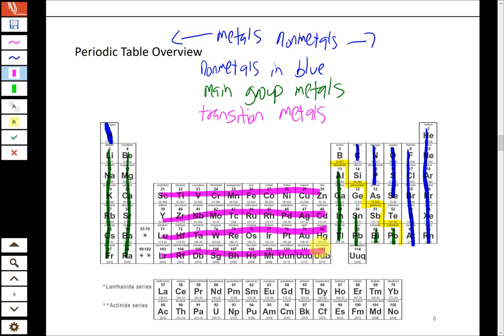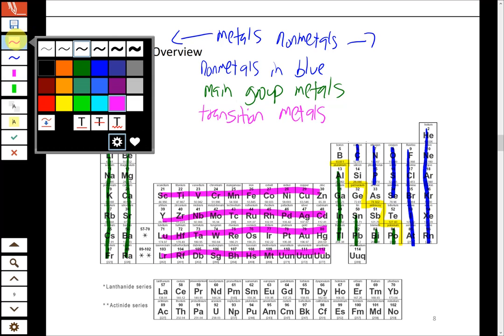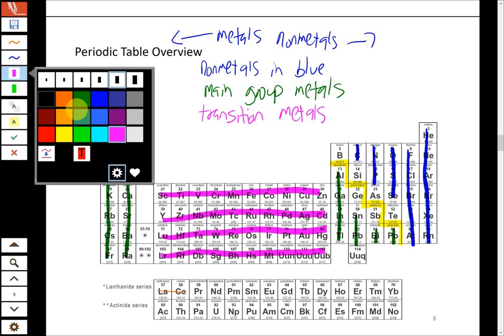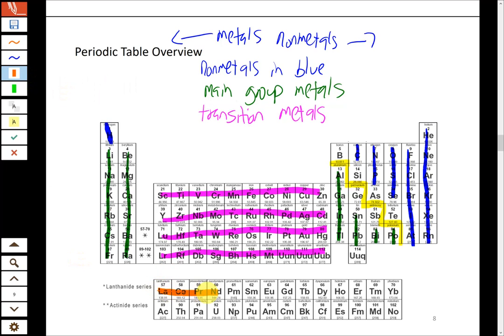And then finally, the last category of metals we have, I guess there are technically three categories. I've got to make sure I find a unique color for this. That's going to be these ones down here, those F block elements. So these are the F block elements, and what we call those in terms of their name is inner transition metals, shown in orange.